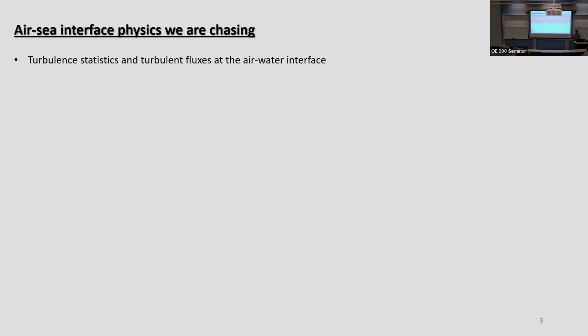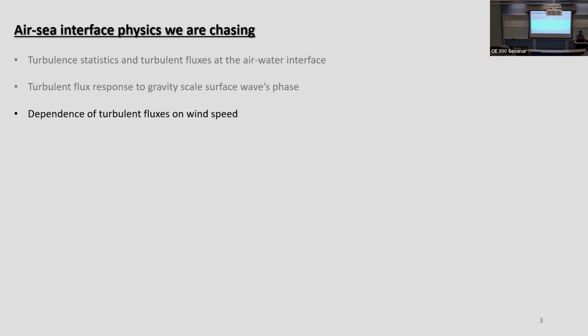What are the physics that we are trying to capture with the measurements that we are making at the surface? The very first is the statistics of turbulence involved in the surface measurements, or the flow field related to the surface. How does the turbulent flux respond to the presence of surface waves?